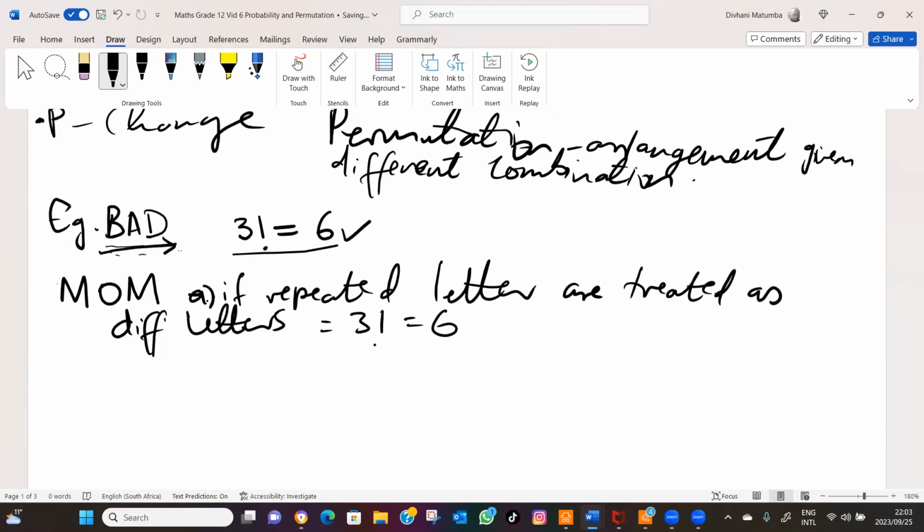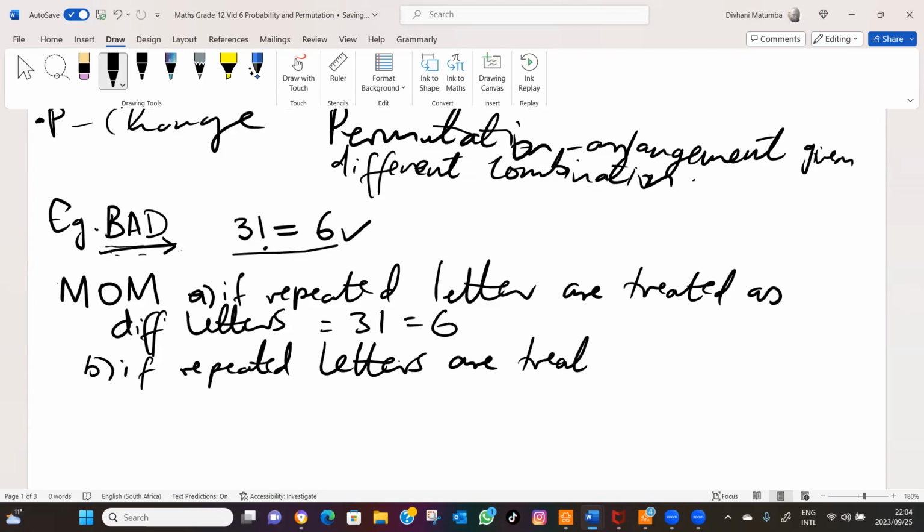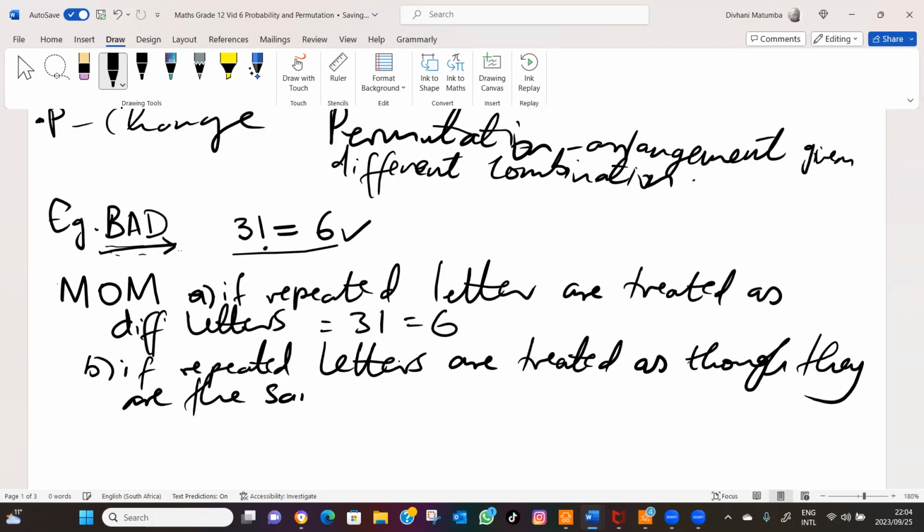However, if repeated letters are treated as though they are the same, let's see what happens.